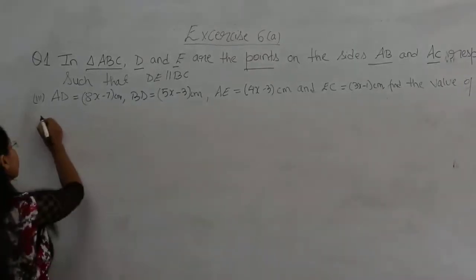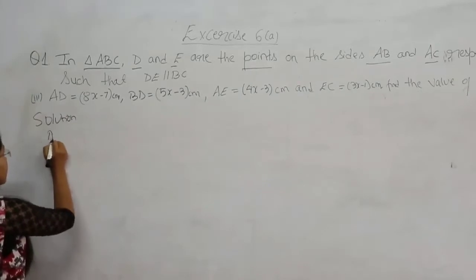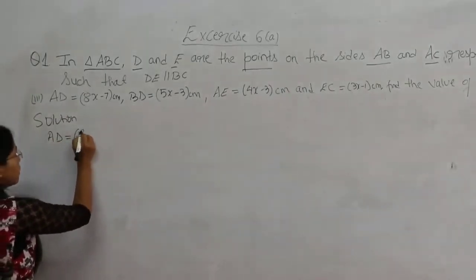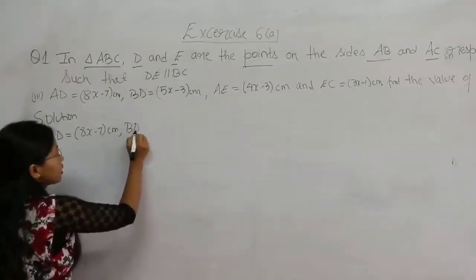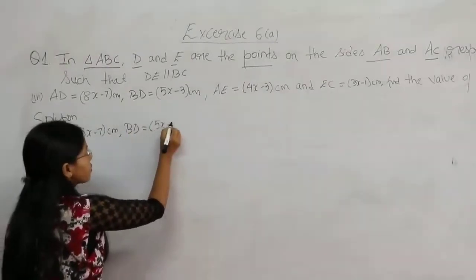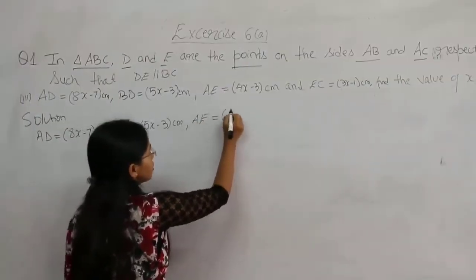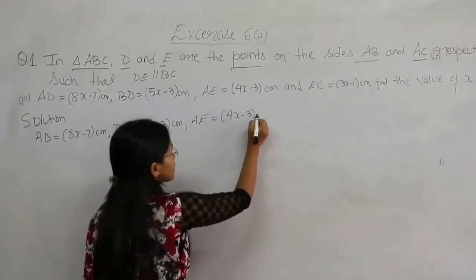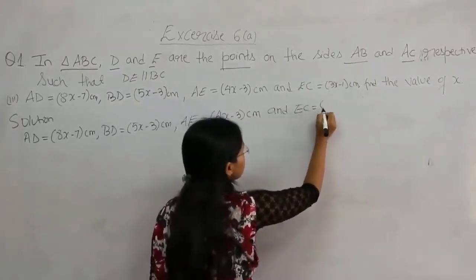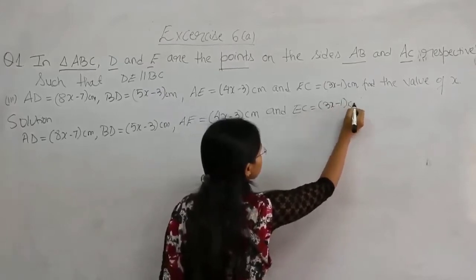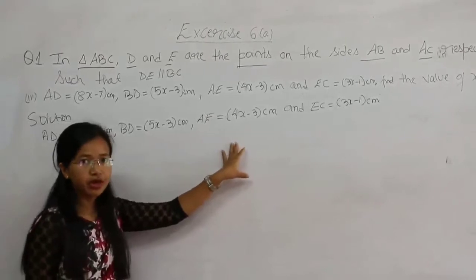So here we are given AD equal to 8x minus 7 centimeter. BD equal to 5x minus 3 centimeter. AE is equal to 4x minus 3 centimeter. And EC equal to 3x minus 1 centimeter. Right? All these are given to us.